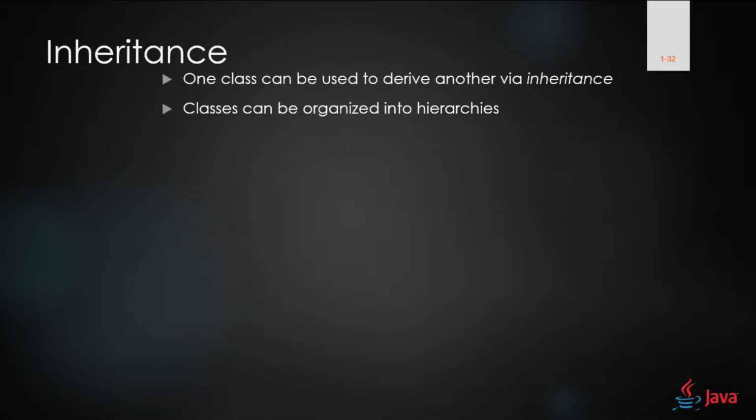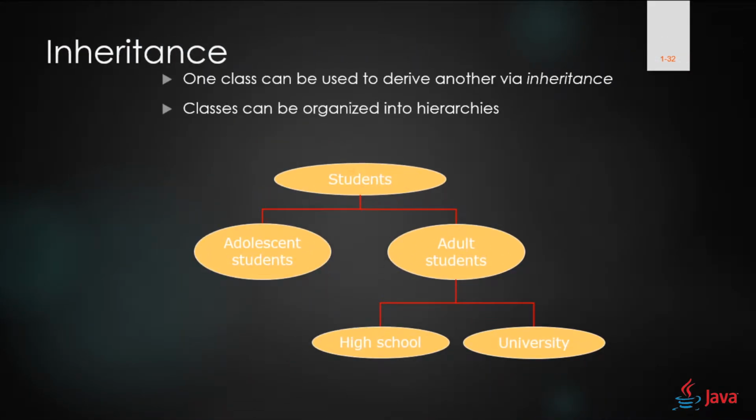Last but not the least, this is one of the most important concepts of object-oriented programming and especially in Java. So it's the concept of inheritance. Basically, inheritance is just as the name suggests. One class can be used to derive another via inheritance. Classes can be organized into hierarchies. For example, in this photo you can see students.